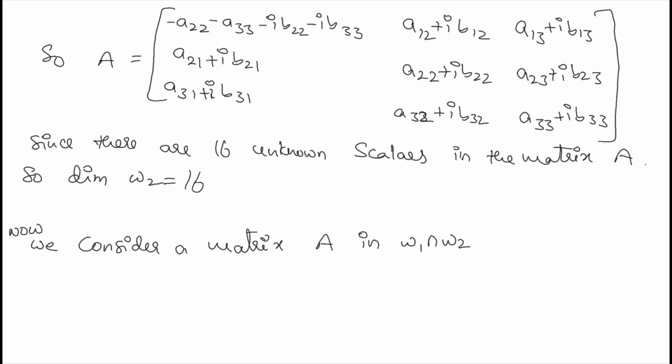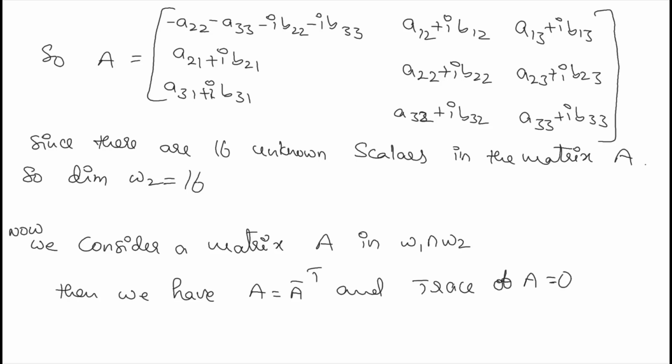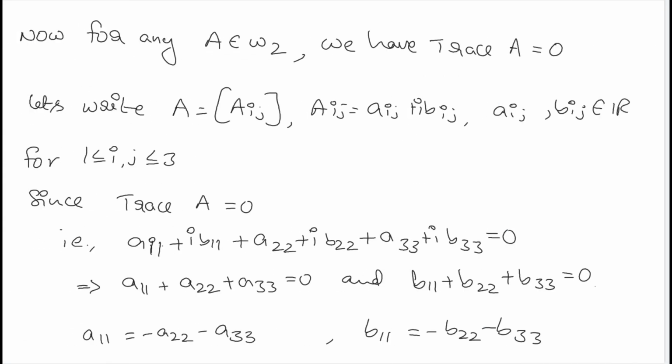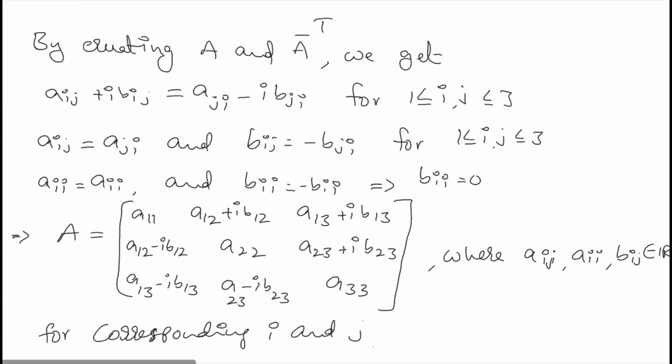So now we consider the matrix A in W1 intersection W2. Then we have A equal to A conjugate transpose and trace of A equal to 0 also. From the calculation we did for the subspace W1, we have seen that any matrix in W1 should be of this form.